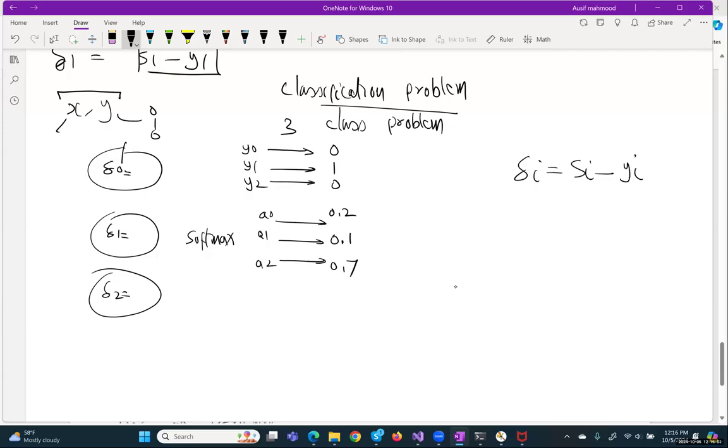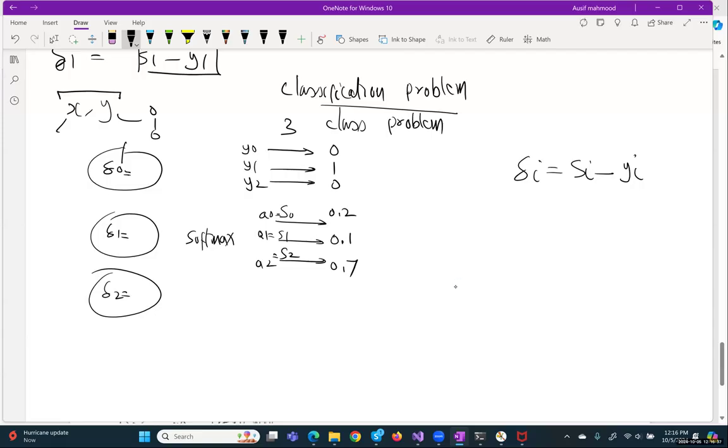Remember, when I did the derivation, instead of A's, I called it capital S, right? So this is what it is. So now can you tell me what is delta 0?